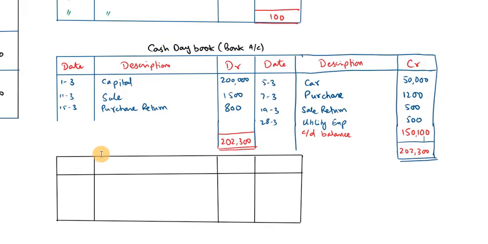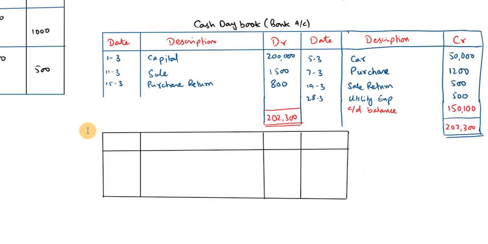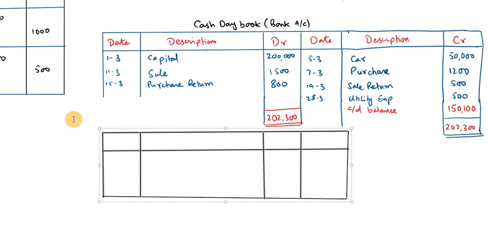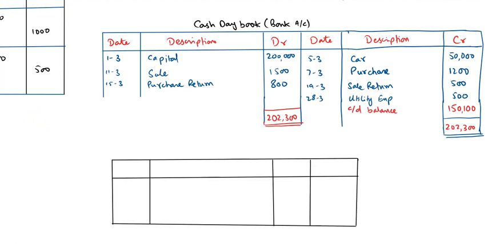And the last one we are going to make is the general one. All the transactions we do not record in the sale return, purchase return, or cash day book will be recorded in the journal. So here is the last book of prime entry, that is the journal.